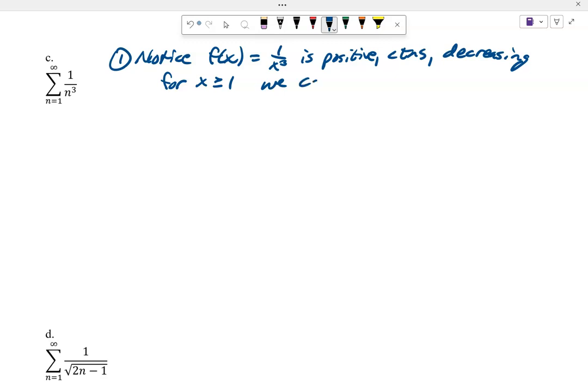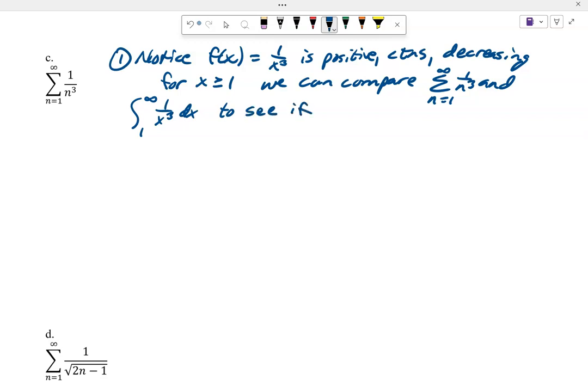So we can compare the series and the integral to see if they both converge or diverge, right? The integral test will tell us that. So let's run the integral test. Integral from 1 to infinity of 1 over x cubed dx.